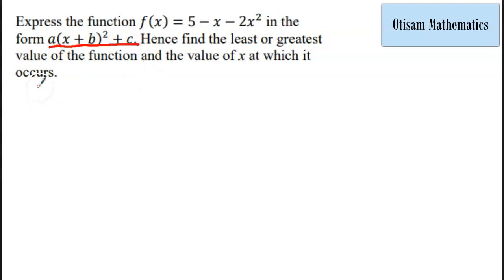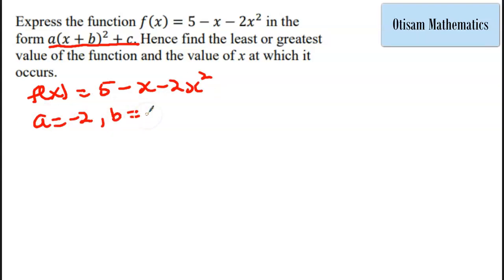So the function is f of x is equal to 5 minus x minus 2x squared. So if you compare it with the standard one, a is minus 2, b is minus 1, then c is 5. a is negative, which means that we are going to have the greatest or the maximum value.